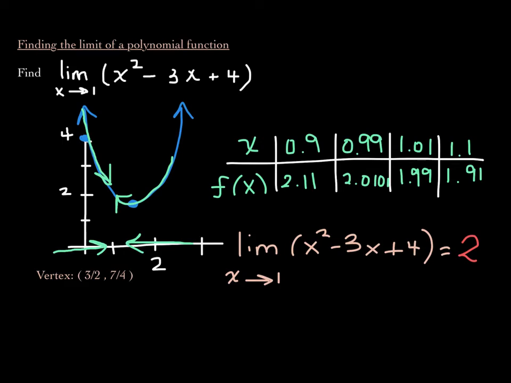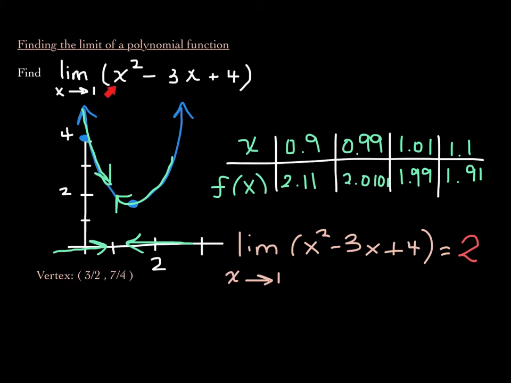Now, what I want you to notice is that this is a polynomial function. Remember that a polynomial function is continuous over its entire domain. And so we know that the limit of this polynomial function as x approaches 1 is going to be exactly equal to f of 1.